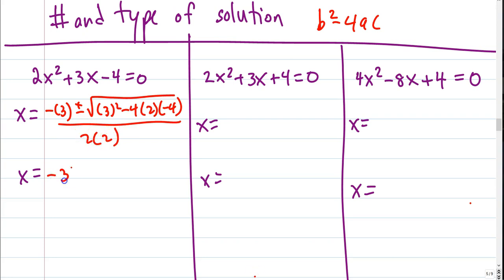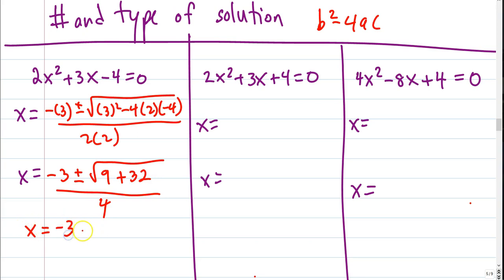X is equal to negative 3 plus or minus the square root of 9 minus 16 times 2 plus 32, all over 4. X is equal to negative 3 plus or minus the square root of 41 over 4.